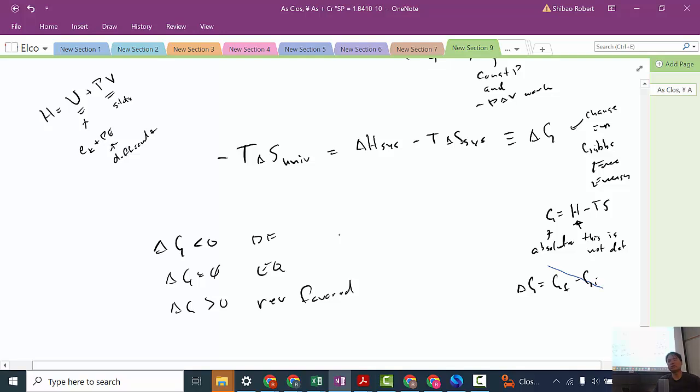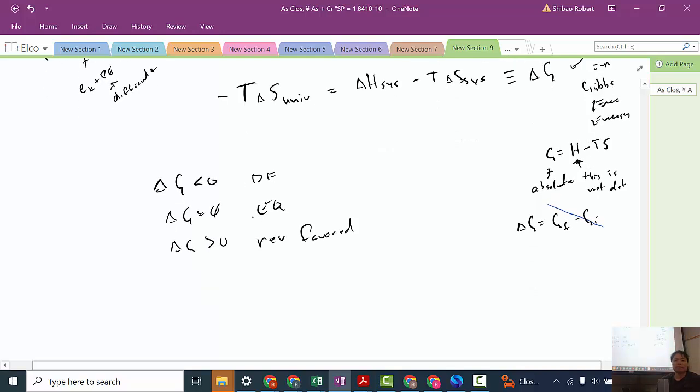We want a decrease in this, and it's a decrease in the Gibbs free energy is what we're looking for. And so ultimately, the second law can be summarized with this equation, that delta G of the system is equal to delta H minus T delta S of the system. These are all in terms of the system.